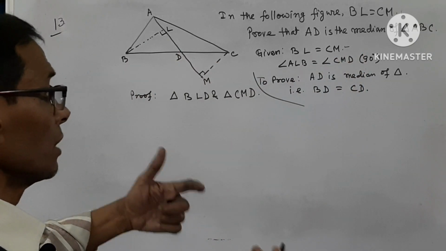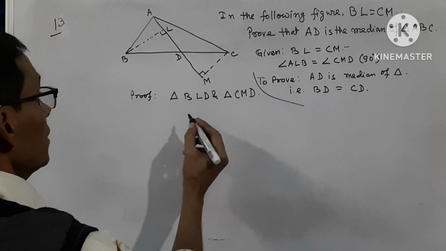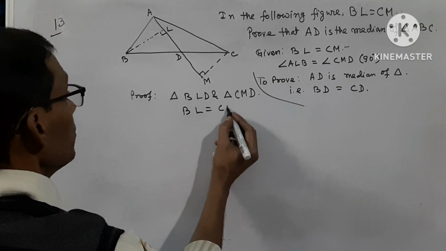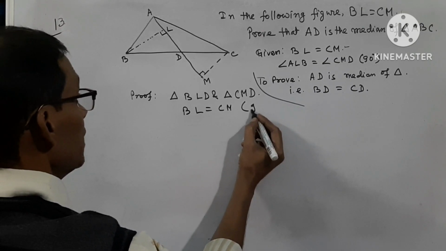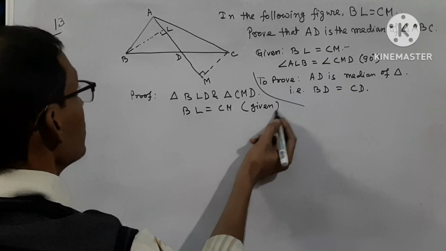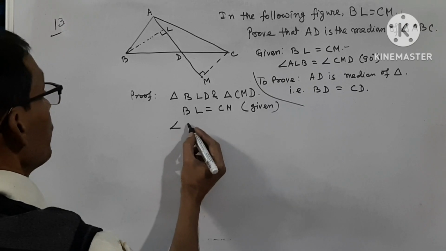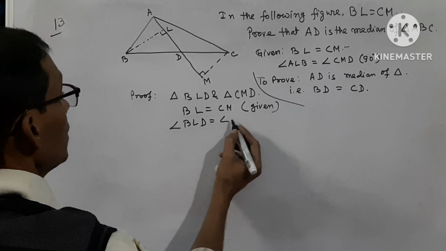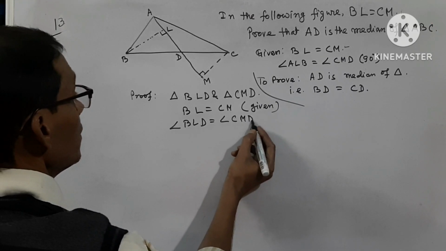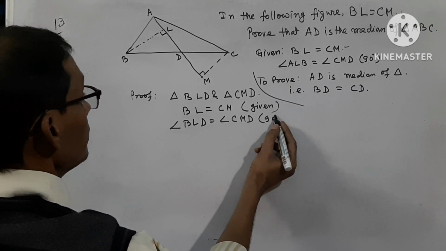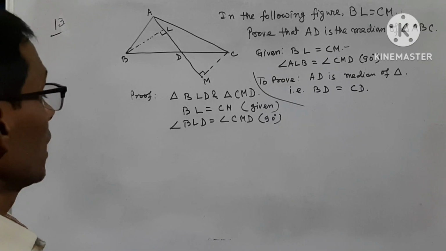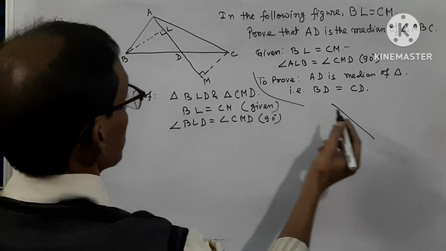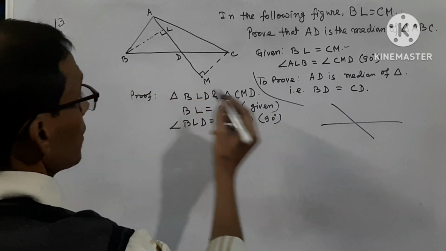So two criteria we are getting ready-made: BL is equal to CM, given, and angle BLD equal to angle CMD, 90 degrees. One more criterion is very clear here. We have discussed it many times.